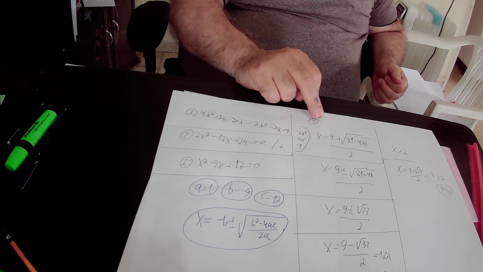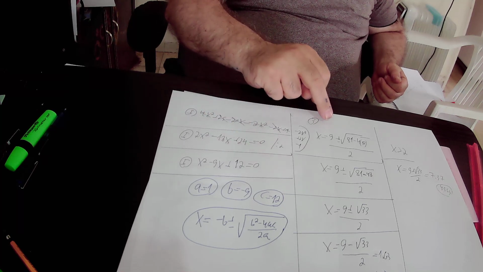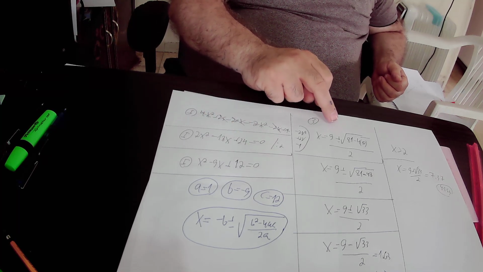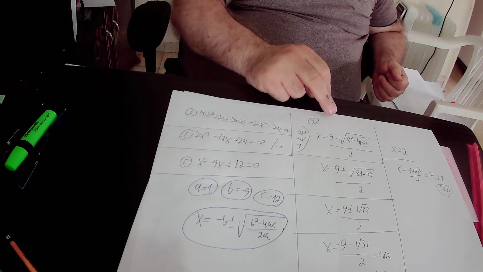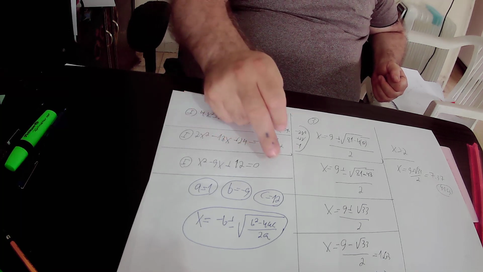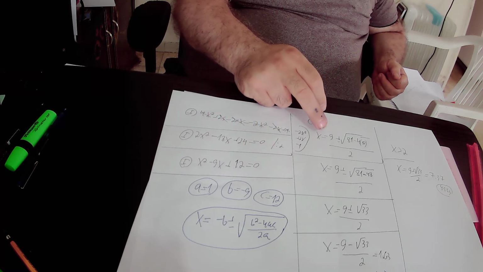Here x equals minus b. b equals minus 9, so minus b is minus 9, that is plus 9, plus or minus the square root of b squared. b is minus 9, so b squared is 81. Minus 4 times a, which is 1, and c, which is 12, so minus 4 times 12. Divided by 2a. a is 1, so 2a is 2.